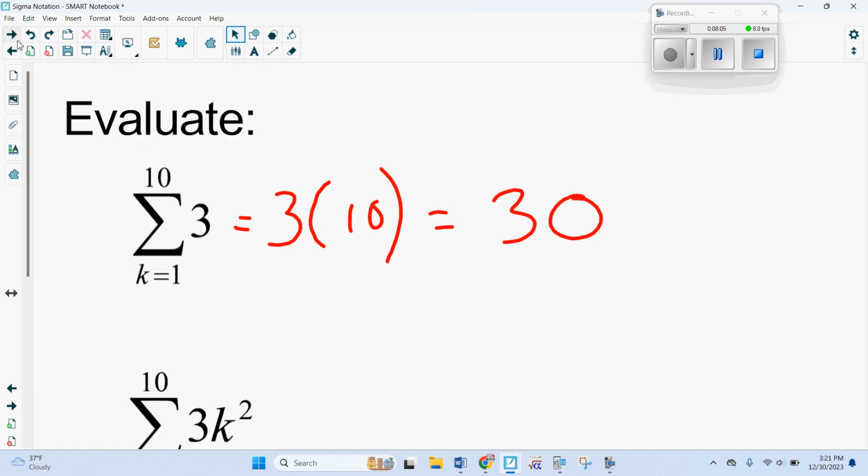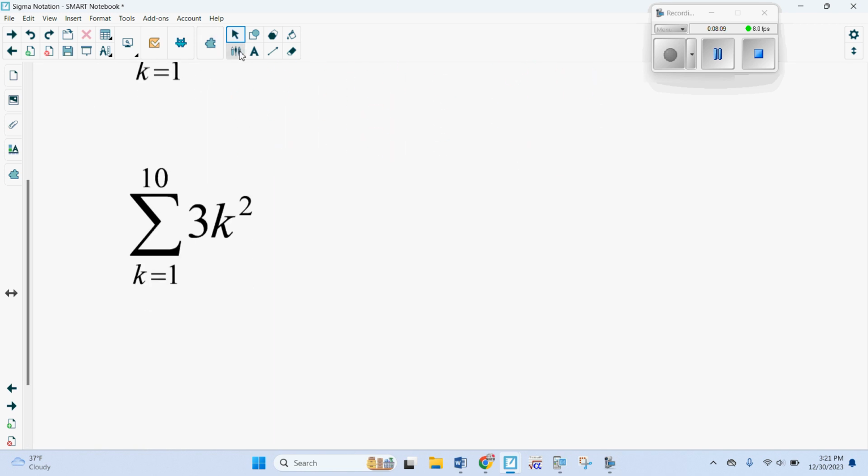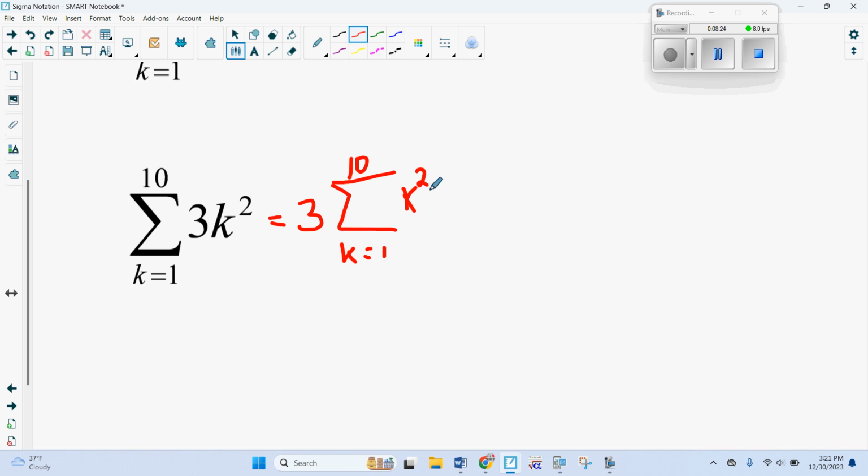So as we use these formulas, let's look at an example of k equals 1 to 10 of 3k squared. First, with our constant multiple rule, I can pull the 3 out in front, and I get the sigma of k squared.